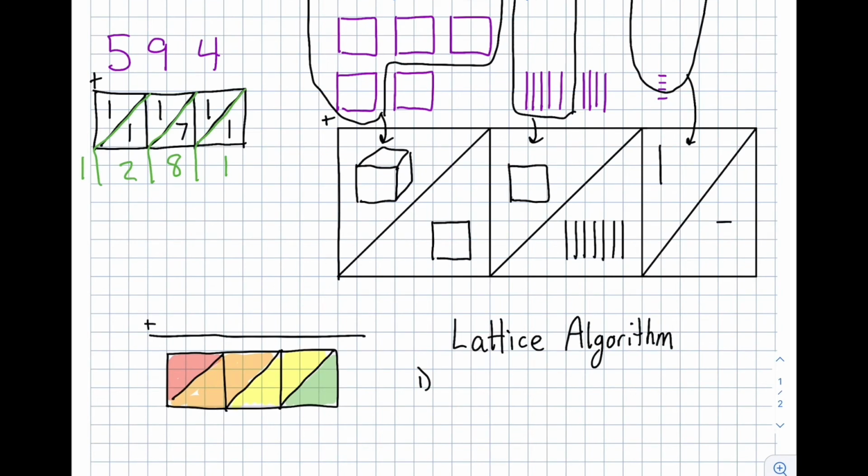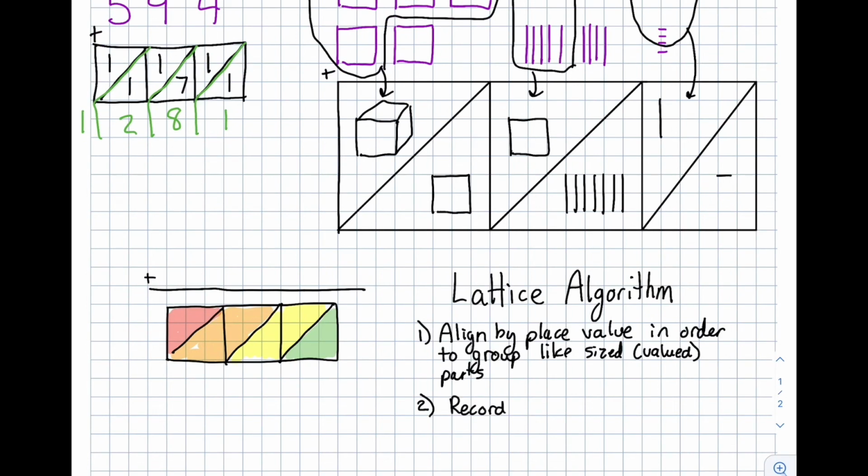In summary, with the lattice algorithm, we align by place value in order to group like-sized parts. We record the sum of each column in the lattice structure.